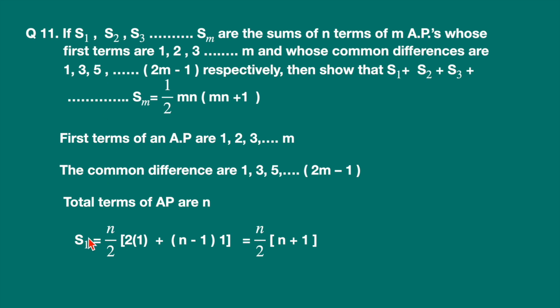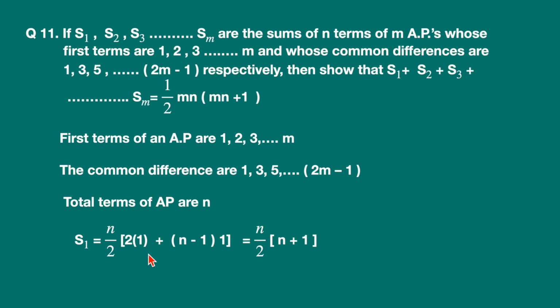Okay, so let's write down S1. The general formula you know for Sn is n upon 2 into 2a plus n minus 1 d. For S1, the first term a is 1 and the common difference is 1. So substitute, you get n upon 2 into n plus 1.